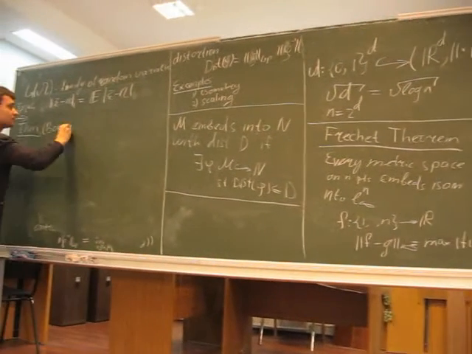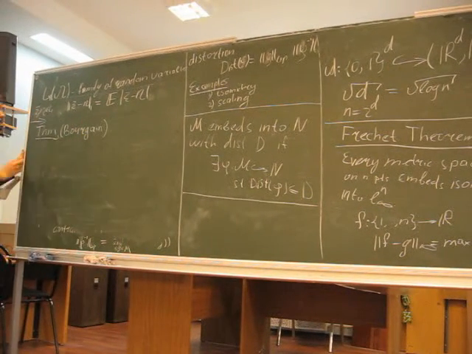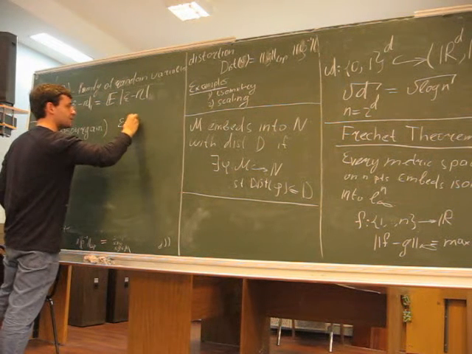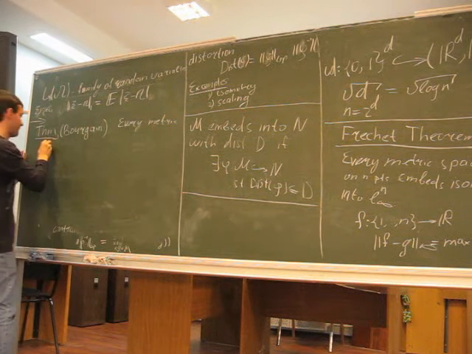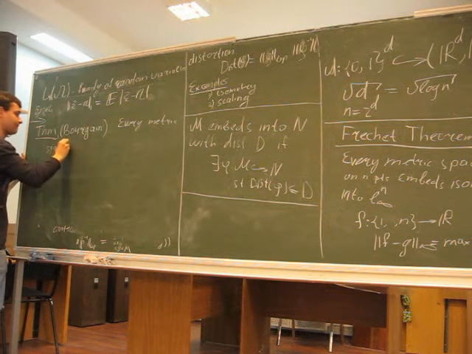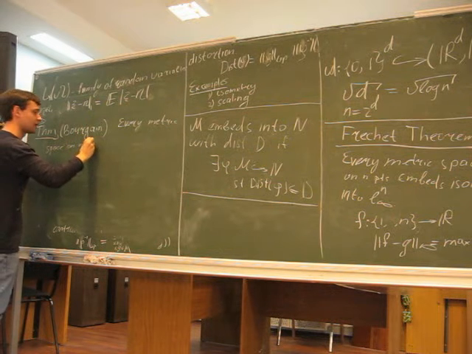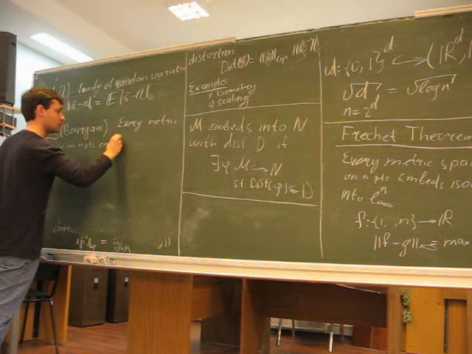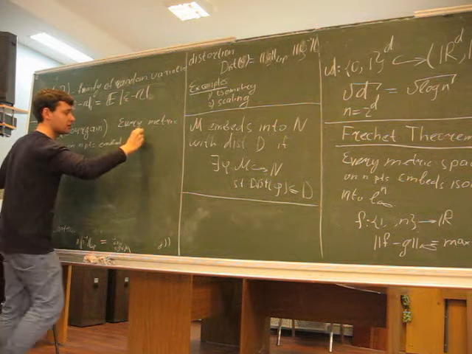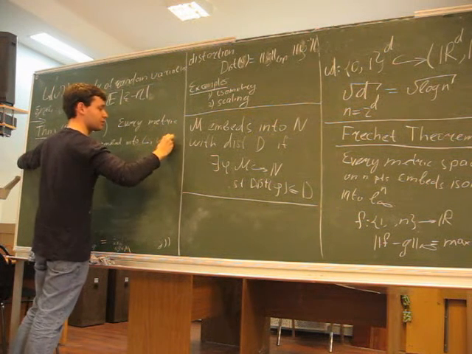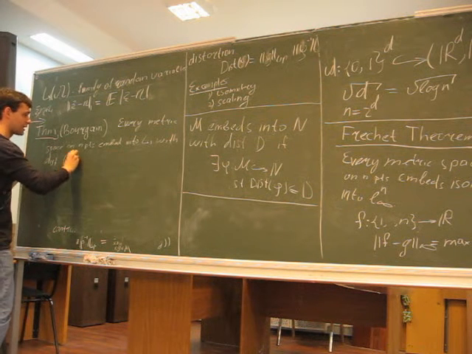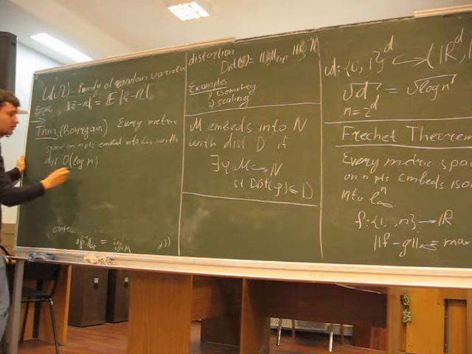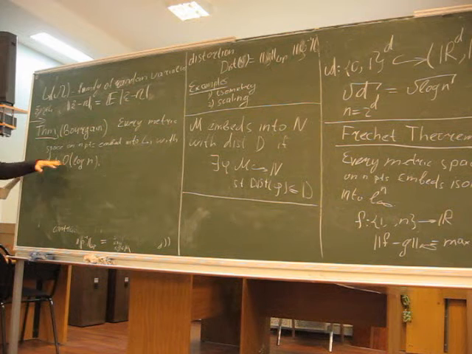The theorem: every metric space on n points embeds into L1 with distortion log n. And here I also don't specify the exact constant.